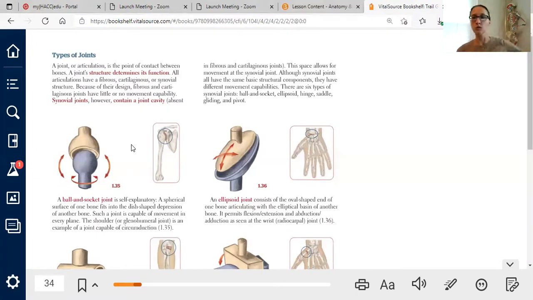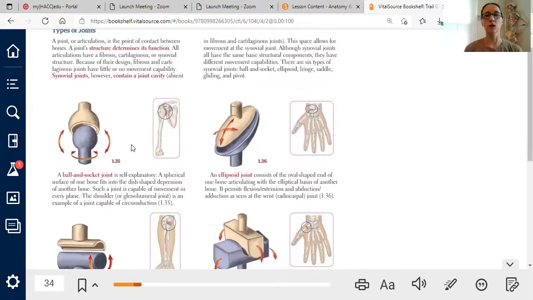So your shoulder is an example of a ball and socket joint, and you can do all kinds of movement. You can do flexion and extension and abduction and adduction and rotations of all kinds. So the ball and socket joint is the most freely movable of all the joints. And the shoulder is an example.